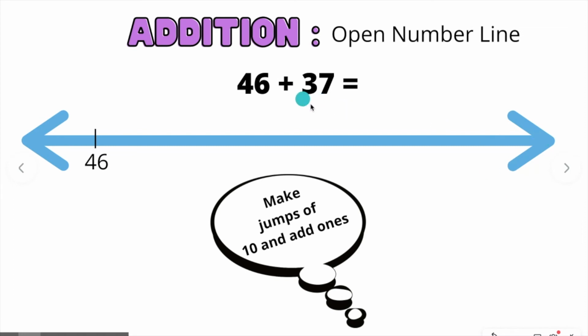I know I have to take 37 jumps. You don't physically have to jump 37 times. You can make it easy on yourself and make jumps of 10 and add 1s. So you can go ahead and jump by 10. So how will that look like? Let's go ahead and look at the next slide.